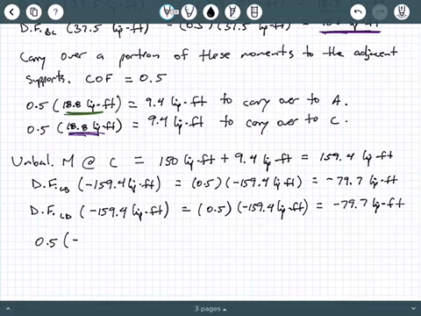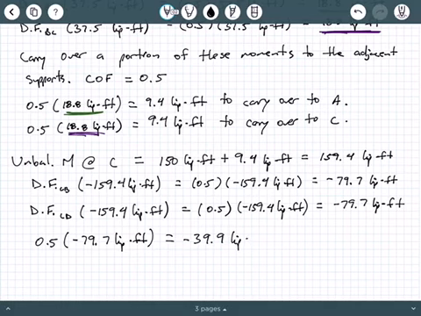So we have 0.5 carryover factor times negative 79.7 kip feet. And when we crank that through, we get negative 39.9. I'm doing some rounding here. Kip feet to carry to B.